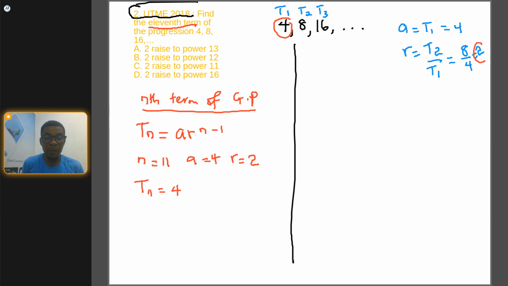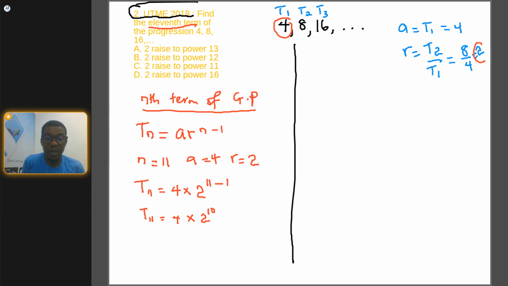A is 4, multiplied by R, which is 2, raised to the power of 11 minus 1. So the 11th term equals 4 times 2 raised to the power of, if you subtract 1 from 11, you have 10.